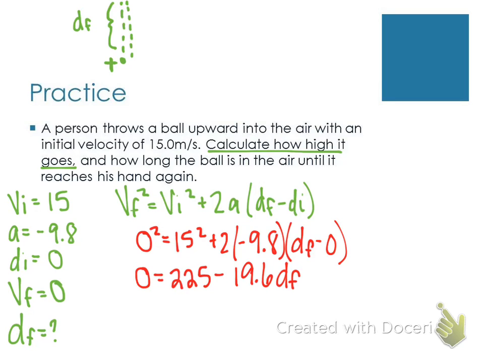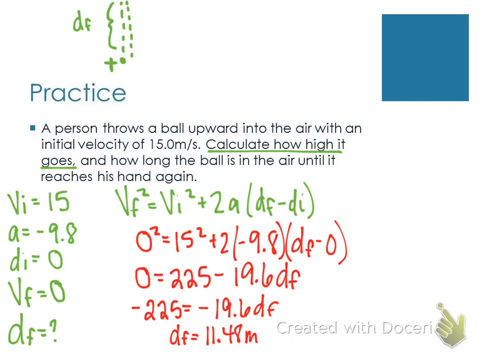So negative 225 equals negative 19.6 df. And that gives me a final displacement of 11.48 or 11.5 meters. It's going to travel 11.5 meters to its peak height.